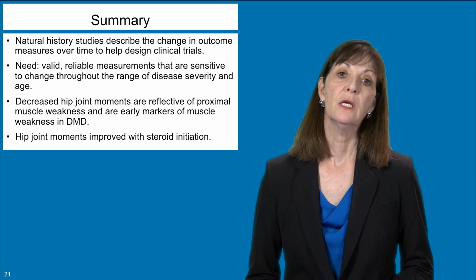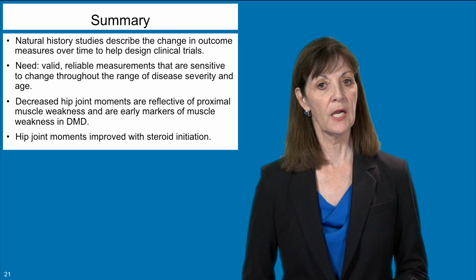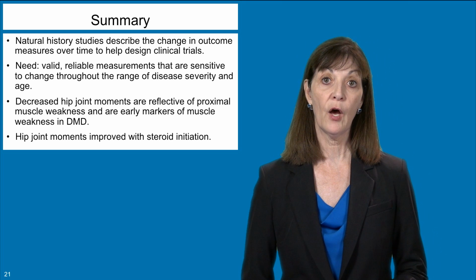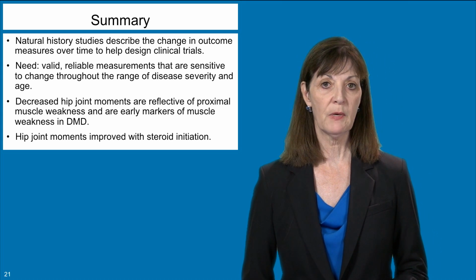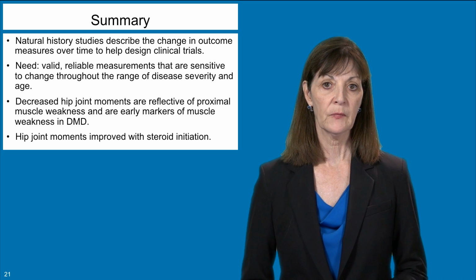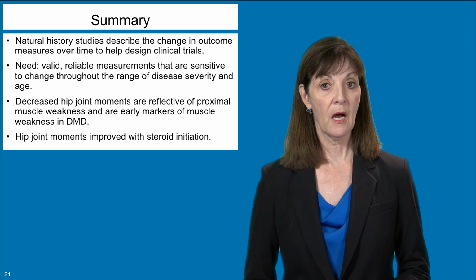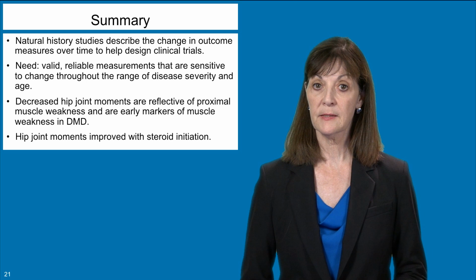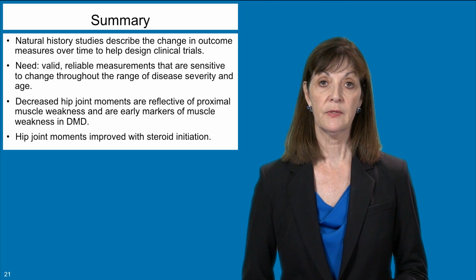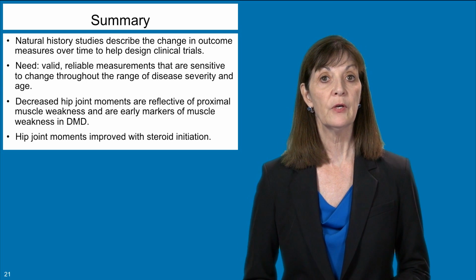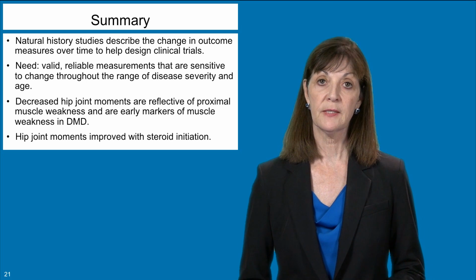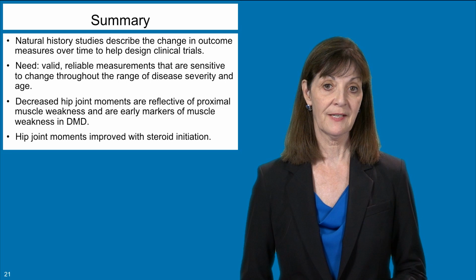So in summary, natural history studies describe the change in outcome measures over time to help design clinical trials. We need valid and reliable measurements that are sensitive to change. Decreased hip moments are reflective of proximal weakness, and they are early markers of disease progression because we do see them in these young children. And we also found that they're sensitive to change because hip joint movements improved with steroid initiation.